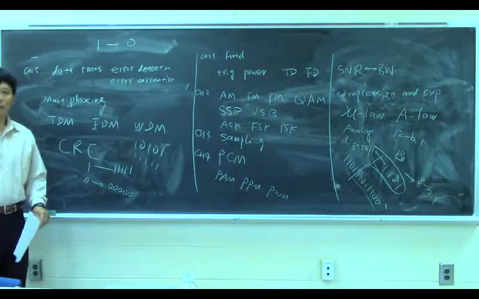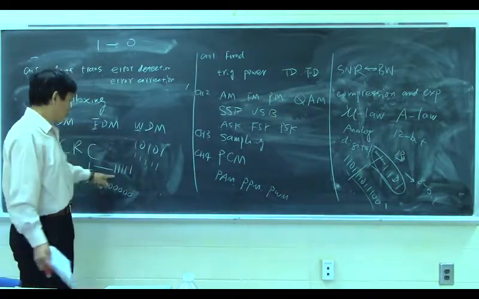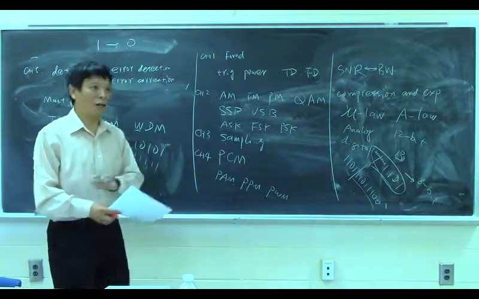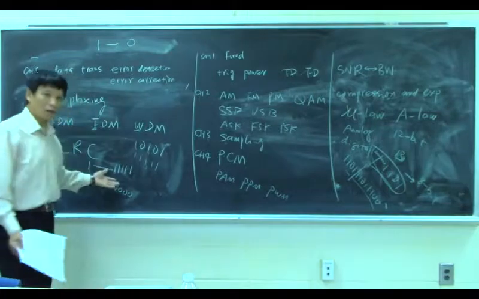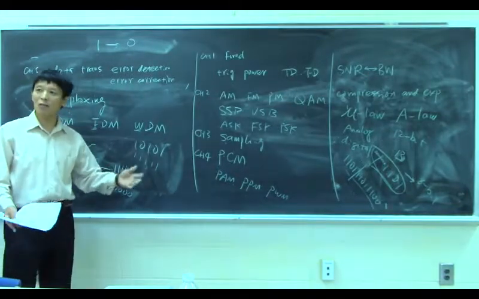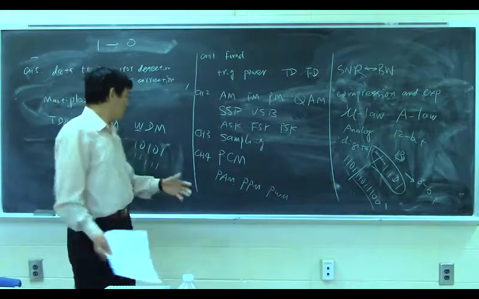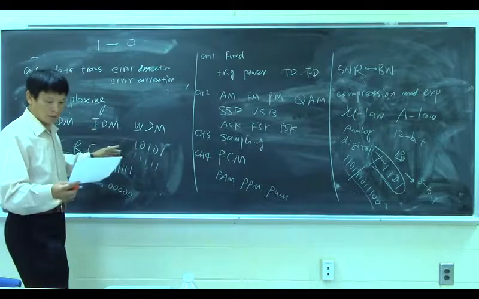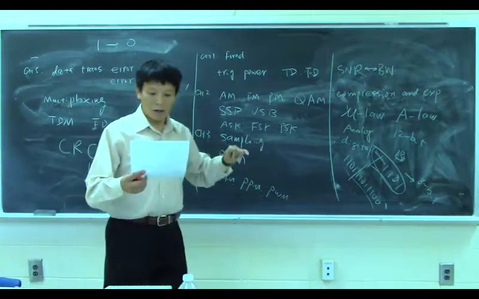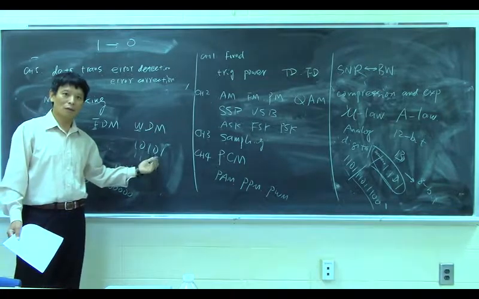But we do not want to do this by hand, because we transmit millions of data each second. You cannot do that. We use computers, or the communication system itself will do this automatically. So we need an algorithm to do this. So how to do this? We are going to discuss that. This is called coding, and this part is called decoding.